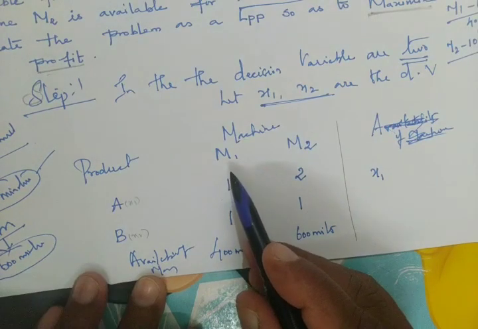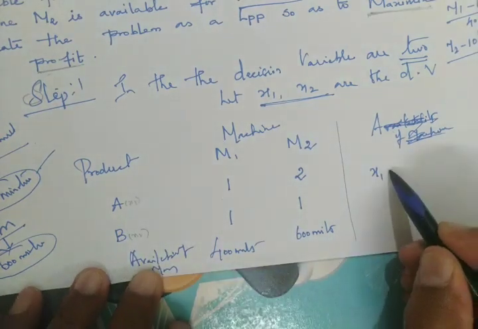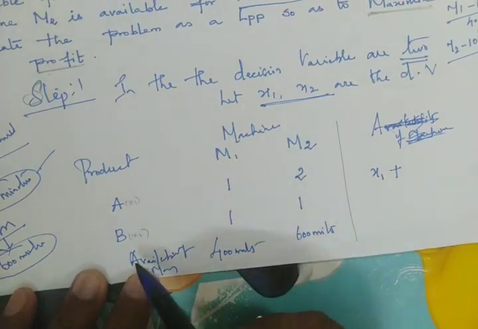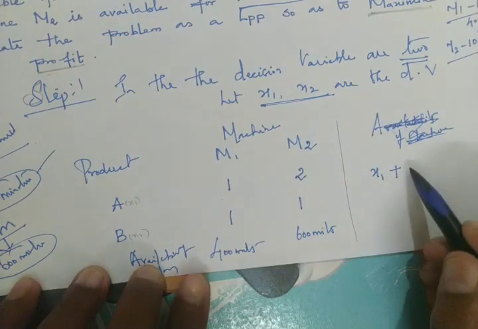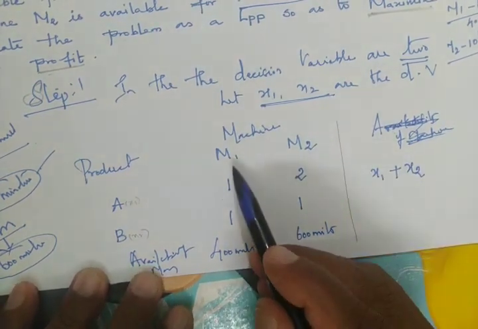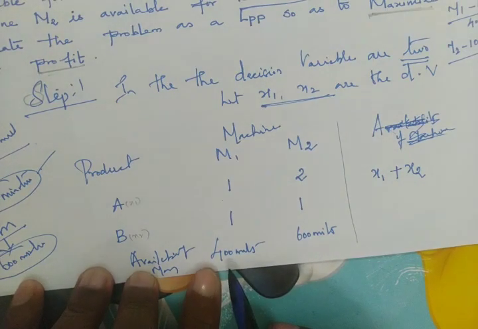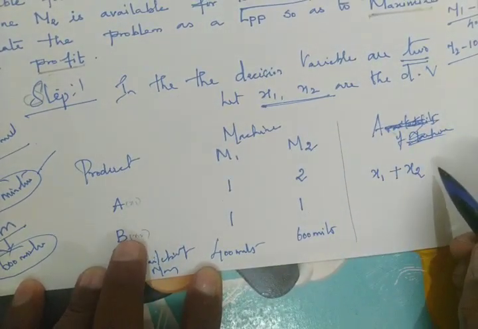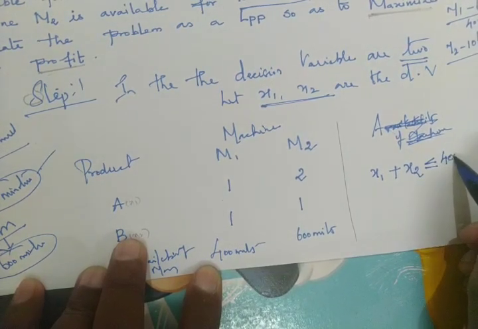On machine M1, product A takes 1 minute, so 1 into x1, plus product B takes 1 minute, 1 into x2. Machine M1 is available for a maximum of 400 minutes. We can use this machine only a maximum of 400 minutes, so you can't cross that. You can use less than that also. That's the reason you put the symbol less than or equal to 400 minutes.